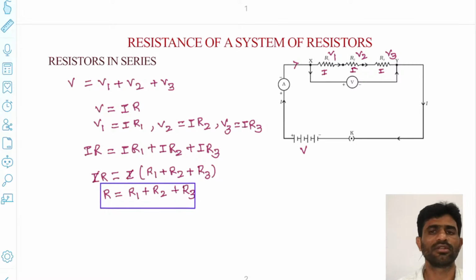This is the formula when resistors are connected in series. R is equal to R1 plus R2 plus R3. This formula we are going to use in the next coming problems when we solve them. Hope this is okay. You understood this one.